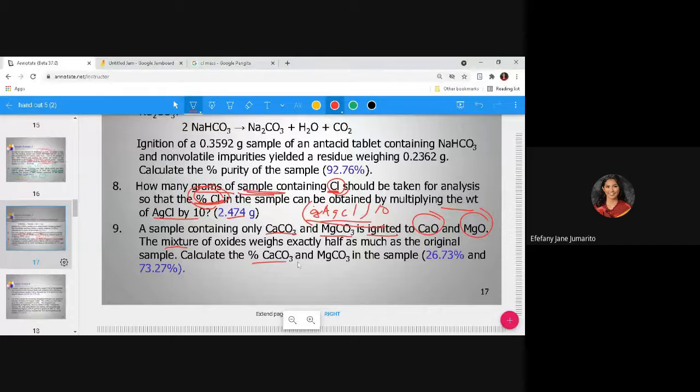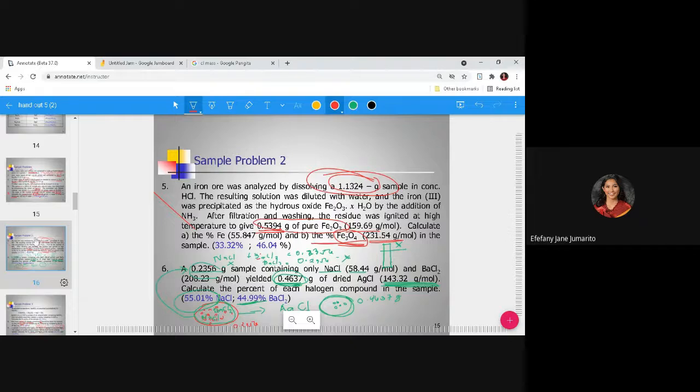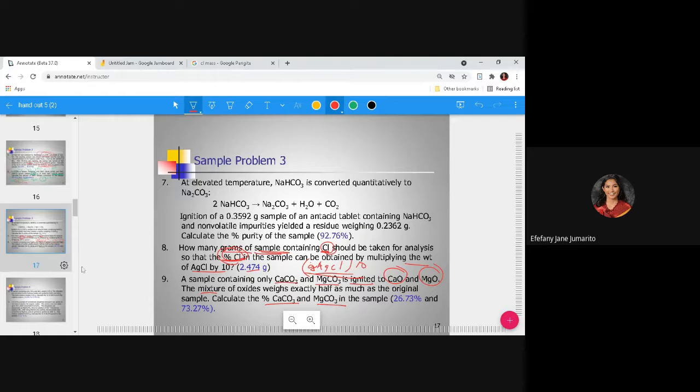Calculate the percent calcium carbonate, then MgCO3. This is almost the same as the one problem where we let x. Okay, number 6. We have two equations here. Okay, we will write that one.